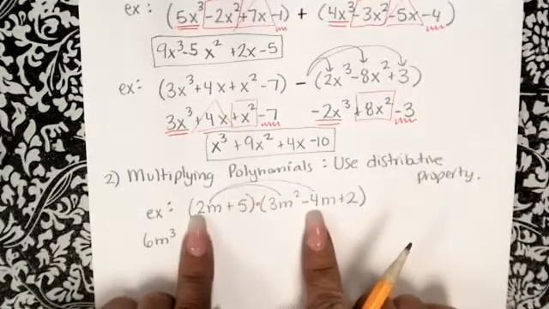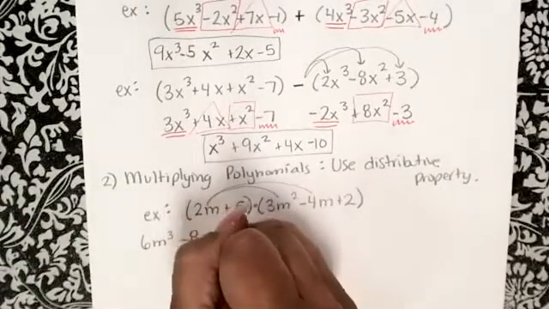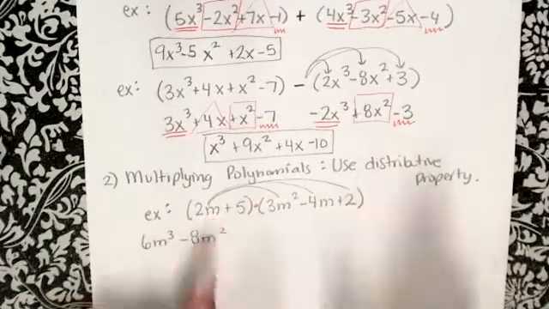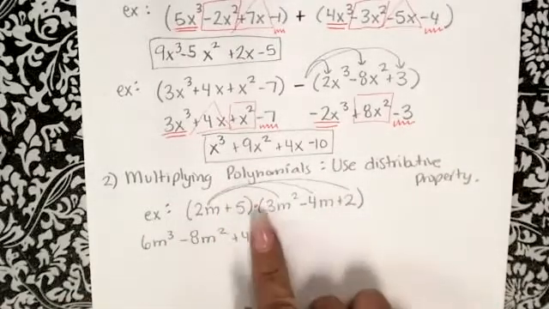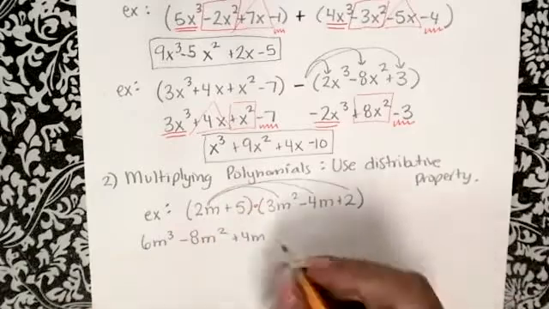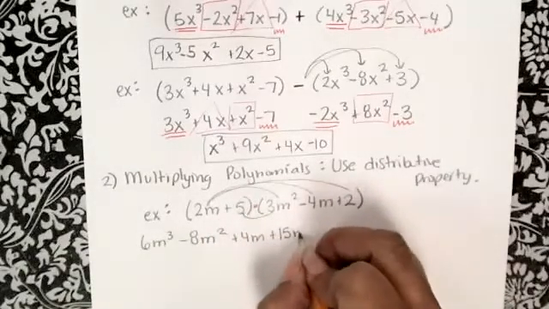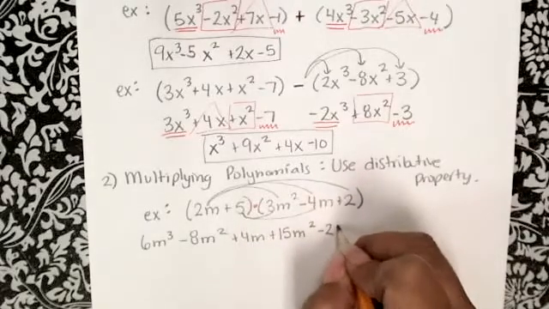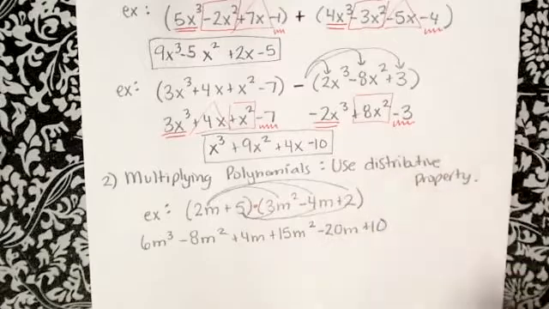Next one, 2m times negative 4m is going to be a negative 8m squared. 2m times 2 is going to be a 4m. I'm done distributing the 2m. I'm now going to distribute the 5. So 5 times 3m squared is going to be 15m squared. 5 times negative 4m is a negative 20m. And 5 times 2 is going to be a 10.